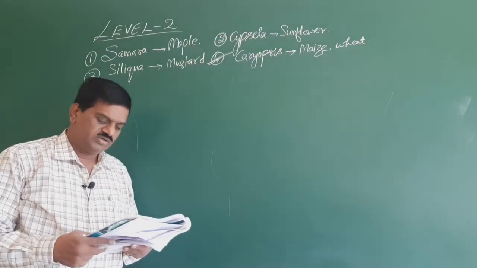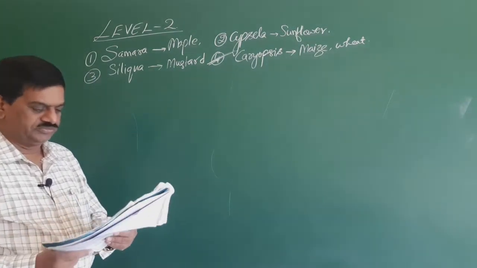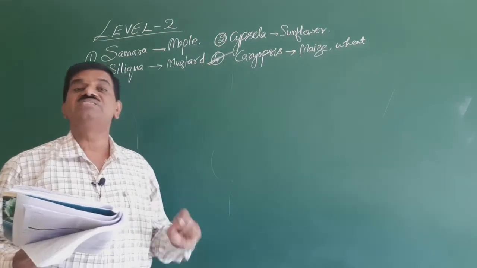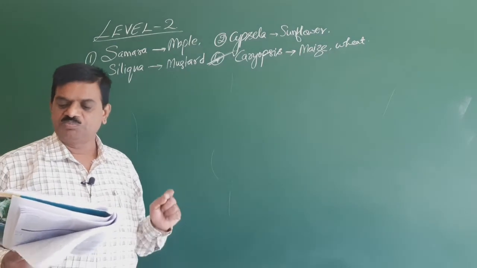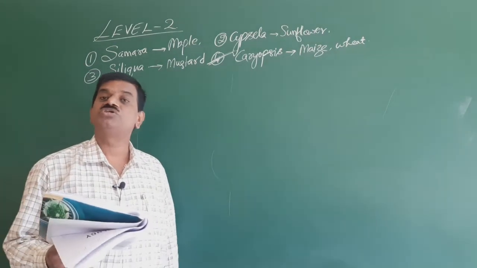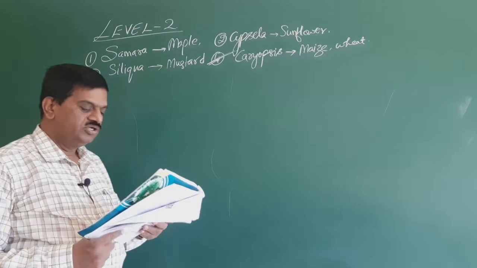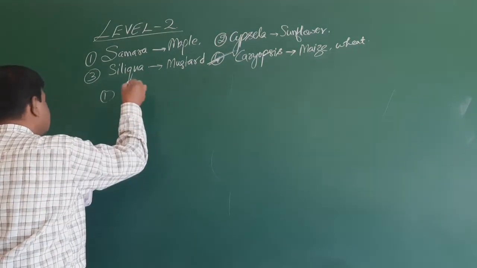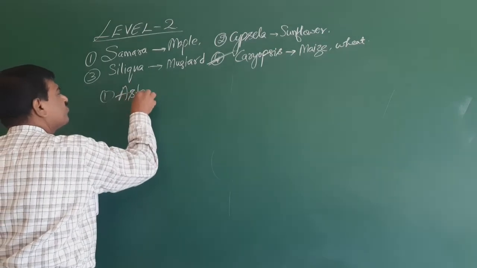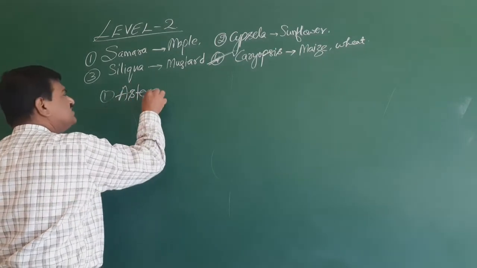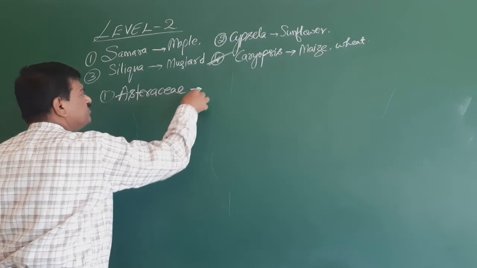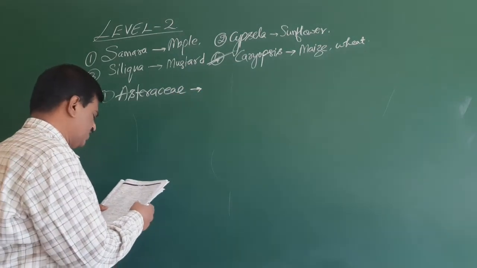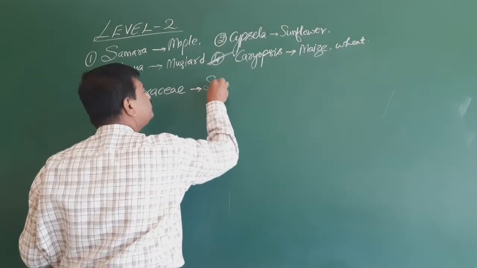So we go for the 19th question. Plants which provide pulses belong to the family. The first one is Asteraceae, which is nothing but Compositae, and the example for Asteraceae is sunflower.